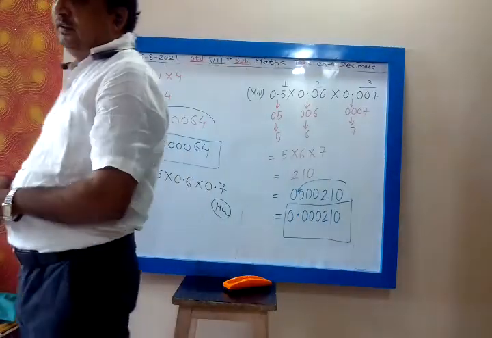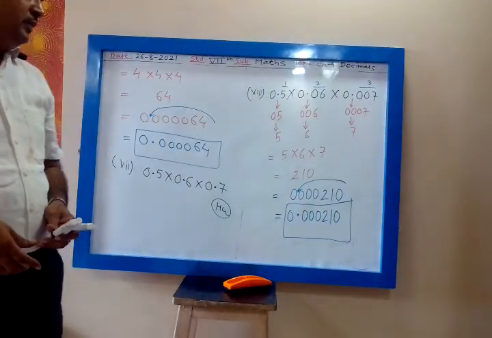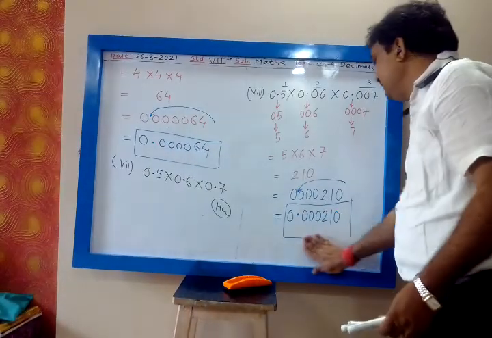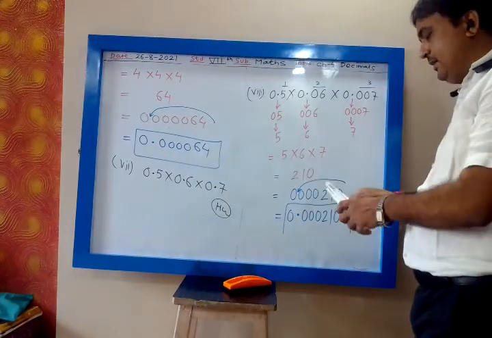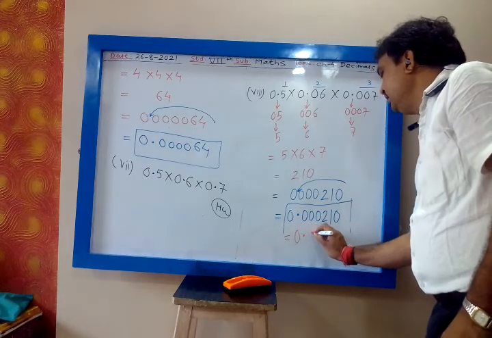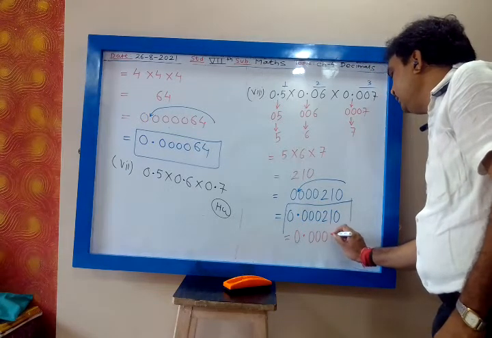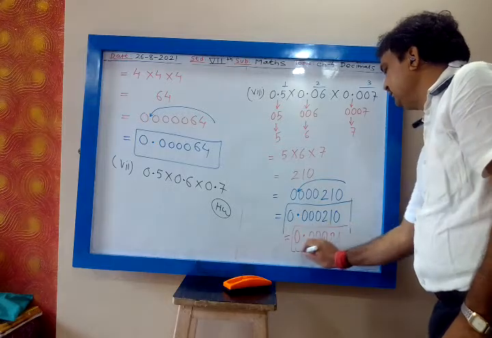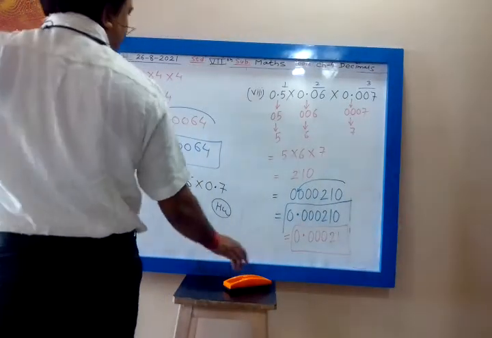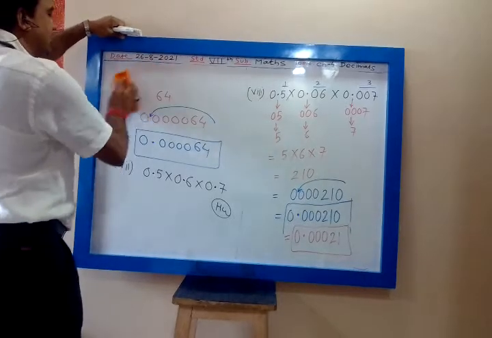Now this 0 you can omit. This is the same as 0.00021. Yes, absolutely correct. After the decimal point, a trailing 0 does not matter.